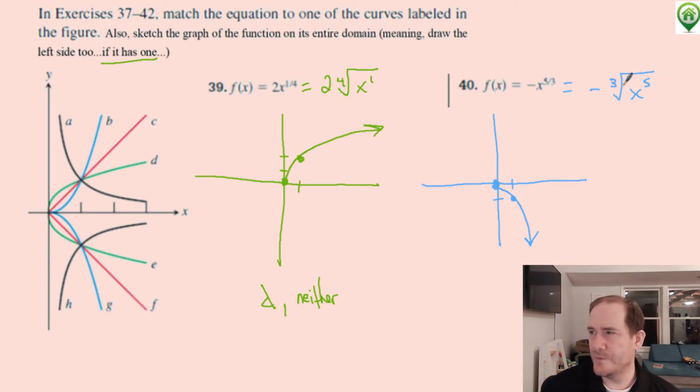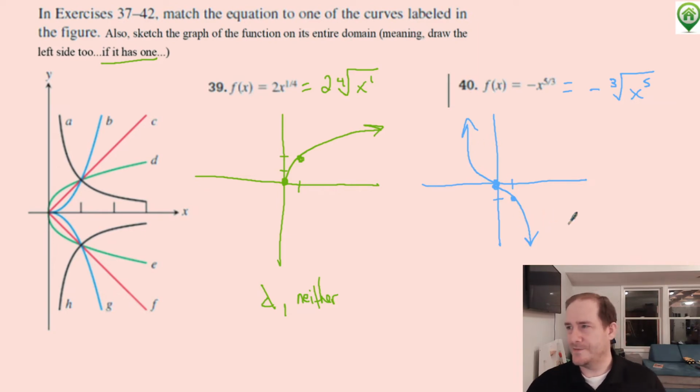And then because the root we're taking is odd, we can take odd roots of negatives, so our left-hand side will exist. Then you turn to this power, the 5, and because it's odd, our symmetry will be odd. So instead of just bouncing over the y-axis, you'll bounce over y and then also bounce over x. And you'll show me that sort of telltale odd symmetry behavior. But that's the graph of 40.